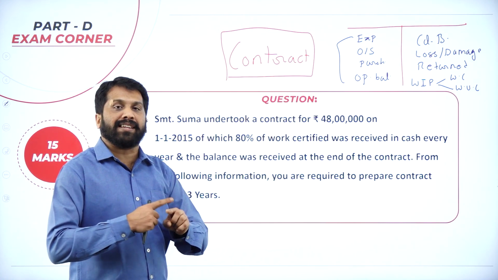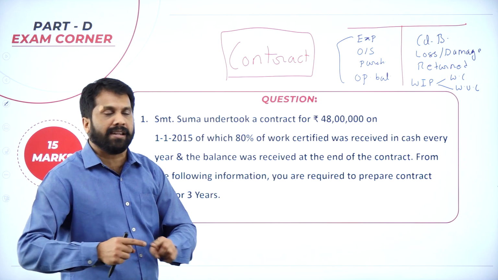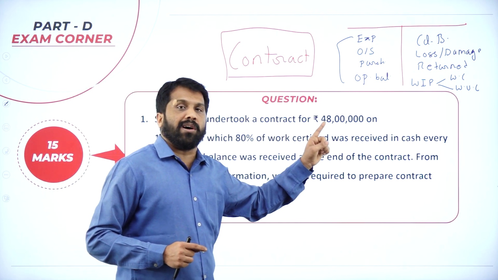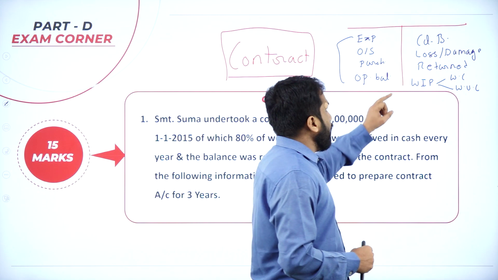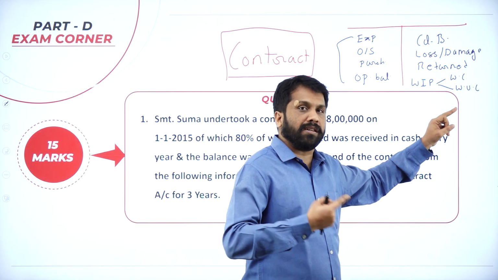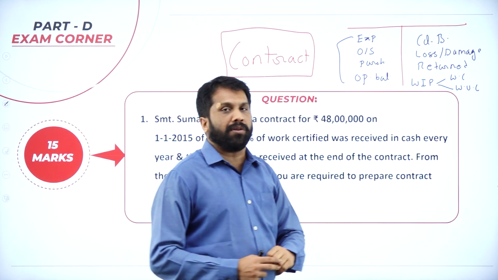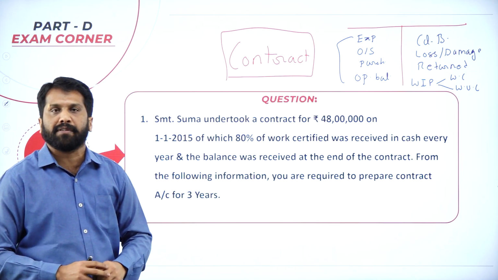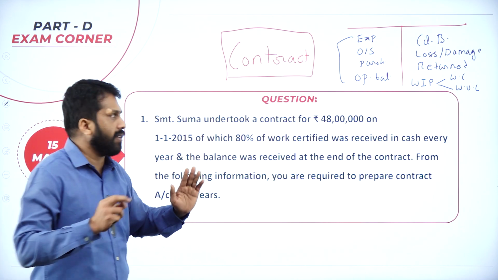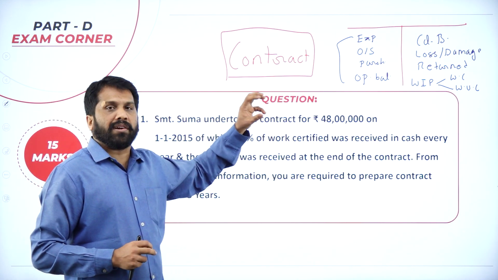All the closing, plant at the end, material at the end, credit side. Any loss, damages, credit. Any returned goods, credit. Sorry, not debit, everything credit. All the work in progress like work certified, work uncertified come under credit side. Now, this is your contract account.